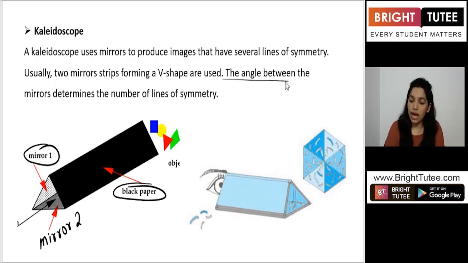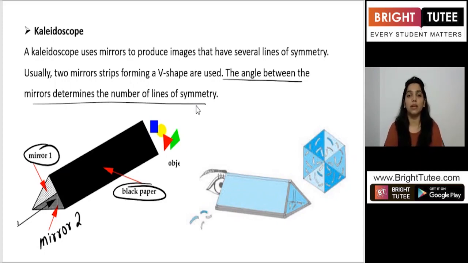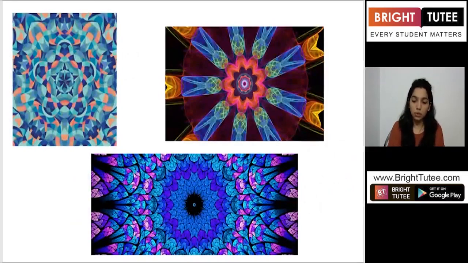Now the angle between the mirrors determines the number of lines of symmetry that will be made. So how small or how big your kaleidoscope is will make a difference in the patterns. Okay, so if you look from one end, by putting a certain object on the other side, you will see some beautiful patterns like this, and you can use different objects to observe this.